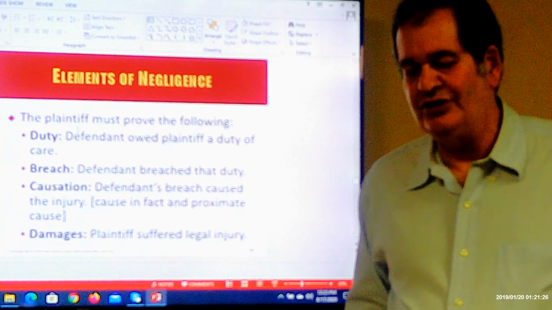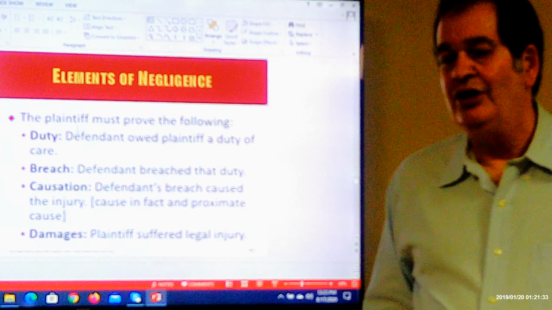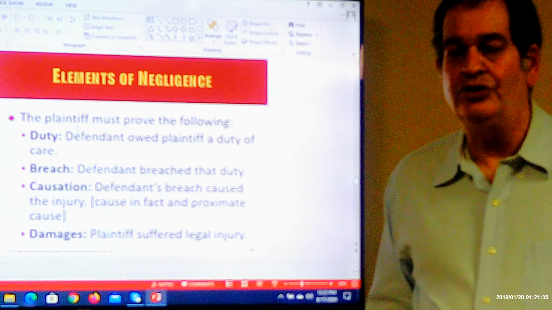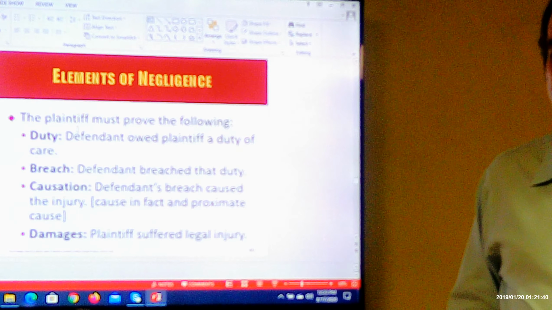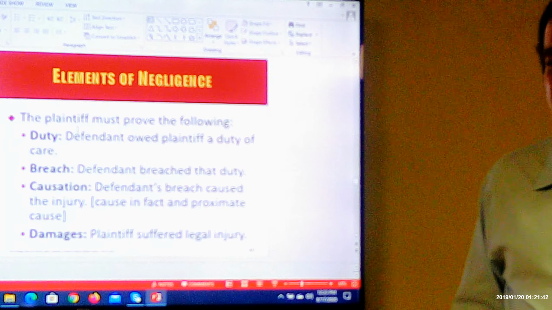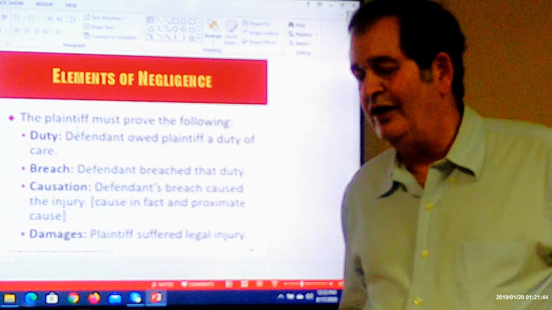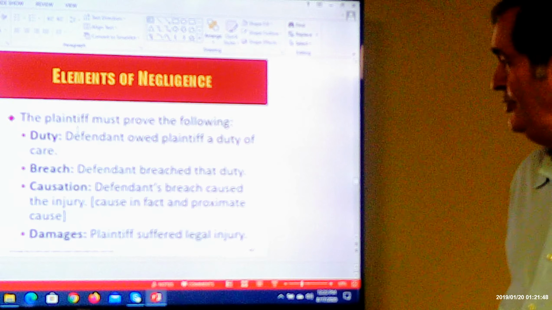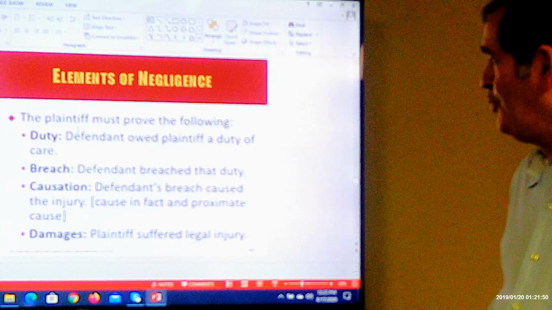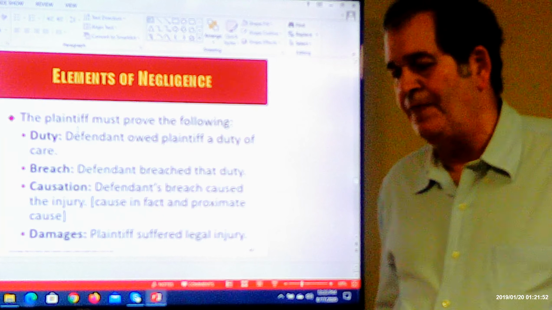And so we simply say, but for the defendant's actions, would the plaintiff have been injured? And if the answer is no, then there's no negligence. If the answer is yes, then we know that the person was injured because of the negligence of the defendant. Okay? Proximate cause is much more difficult.